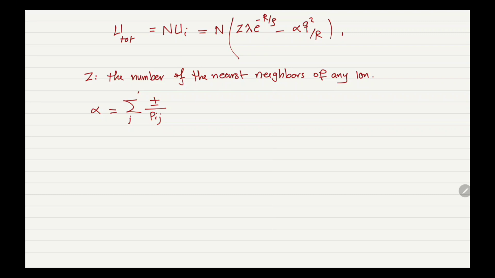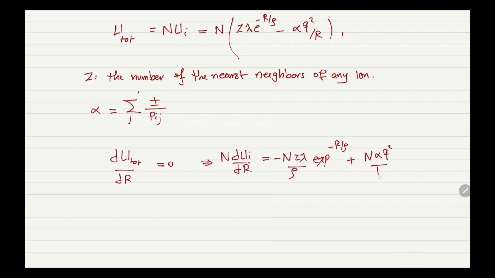Now at the equilibrium separation, dU total by dR equals 0. In such a way, N dU_i over dR equals minus N Z lambda over rho, exponential of minus R over rho, plus N alpha q^2 over R^2, all equal to 0, because we are looking for the equilibrium position.